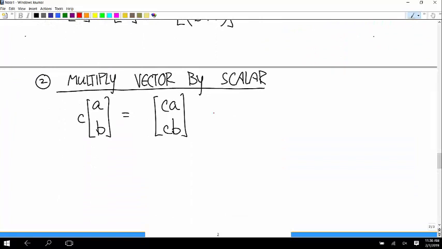The order doesn't matter here either. You can think of a vector being multiplied by a C on the right or on the left. It's the same thing.